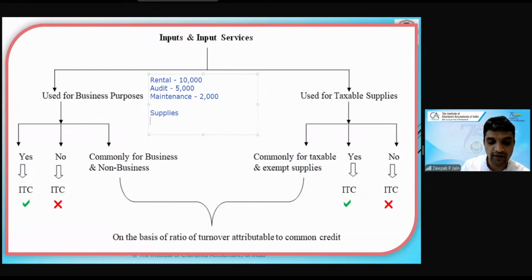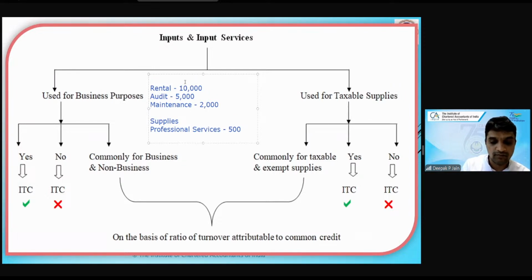You have professional services, which you are providing. Let me make it clear here. This is the nature of expense and this is tax, which is basically your ITC. This is your input tax credit, and this is the value of supply.